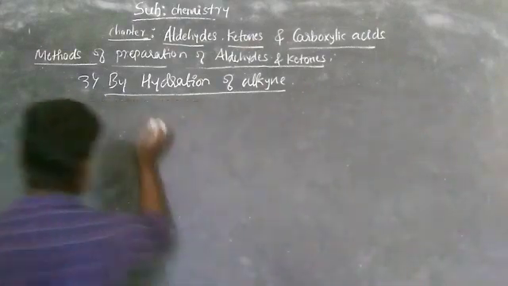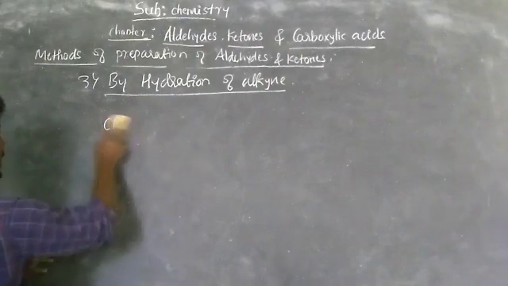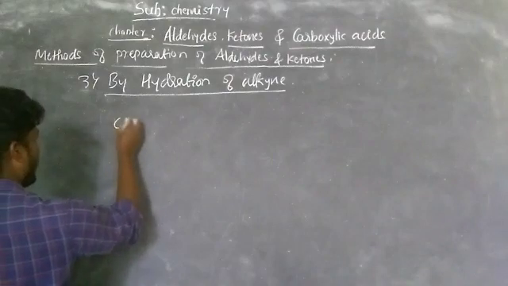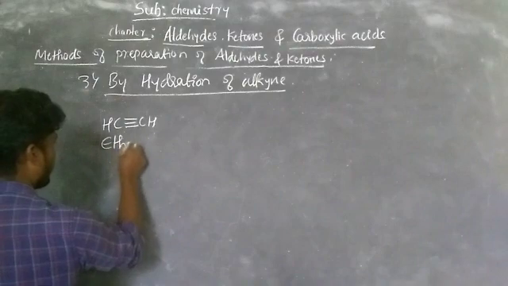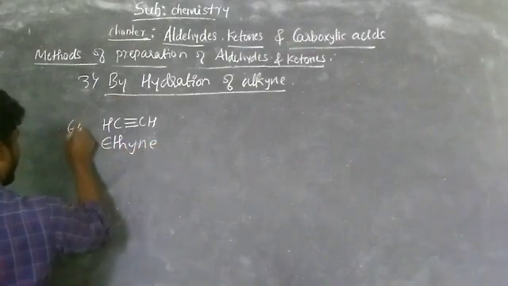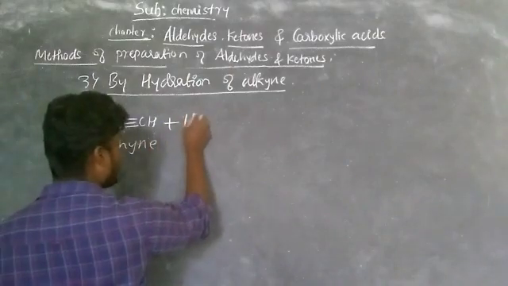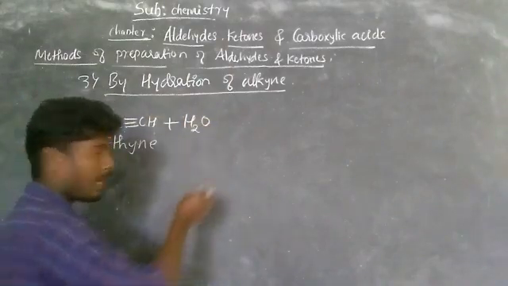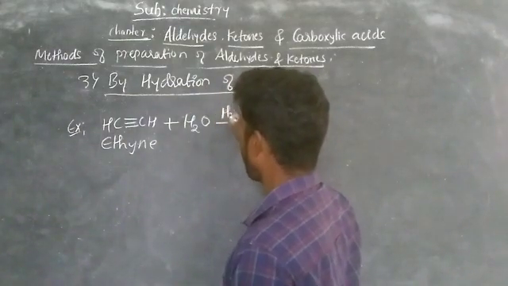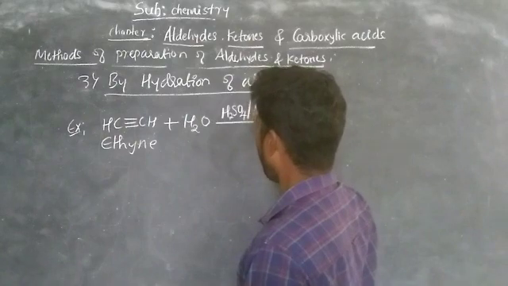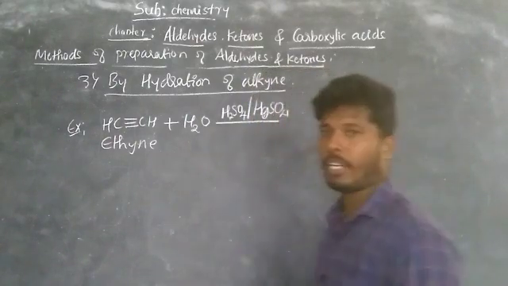Now see the example. Take the basic alkyne, CH≡CH, that is ethyne. Example, we are taking ethyne. This ethyne undergoes hydration, meaning addition of water, in the presence of concentrated sulfuric acid, H2SO4, and mercuric sulfate, HgSO4.